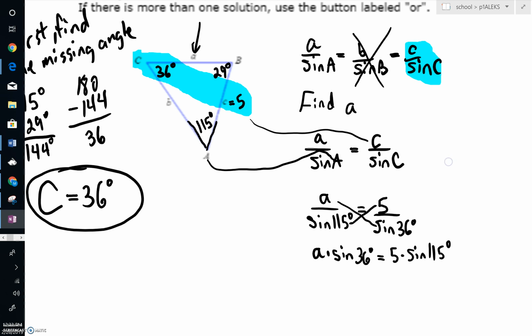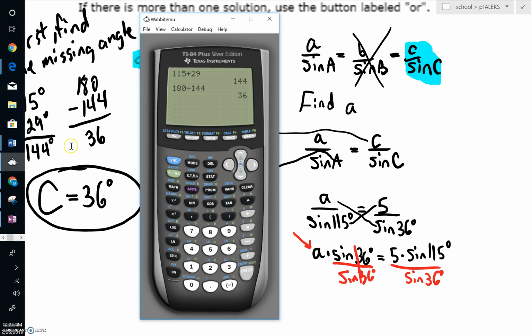And there's just one issue. Our A is not alone. You can look right here. Our A isn't by itself. We're going to have to divide by the sine of 36. So, guys, at this point, you will need to take out your calculator. And I'm going to have alpha y equals show up.